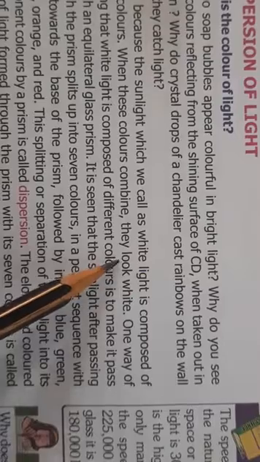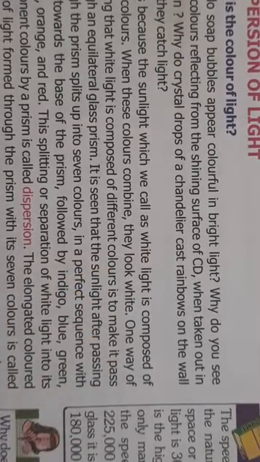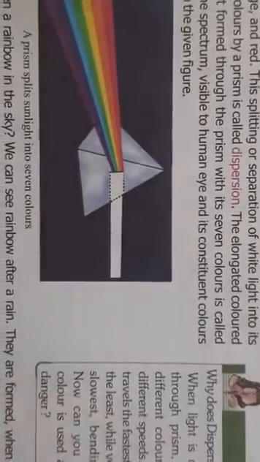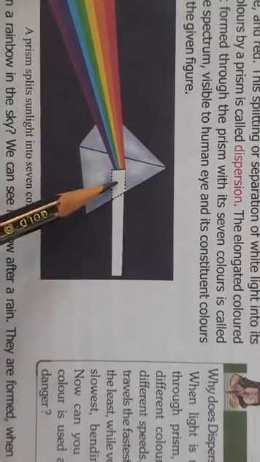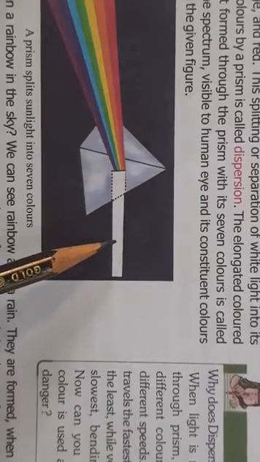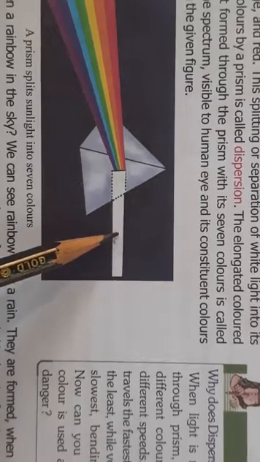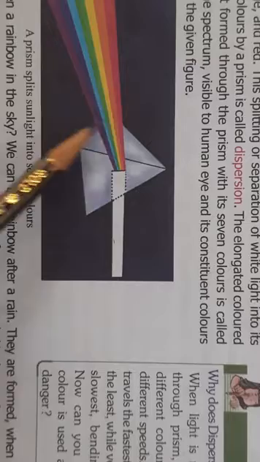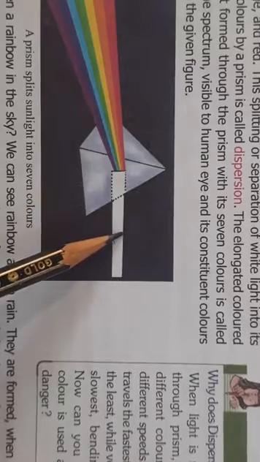Why is it so? See children, white light or the sunlight, which we call white light, is composed of many colors, and when these colors combine together, it looks white.